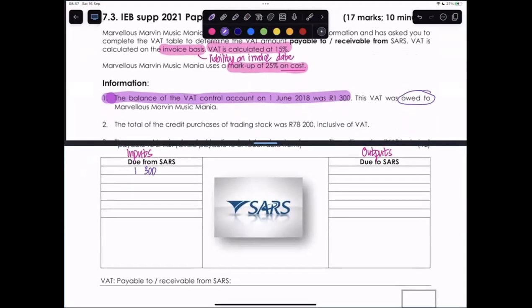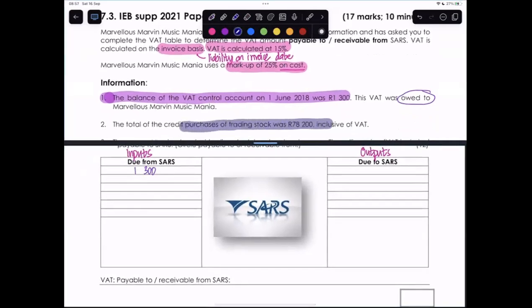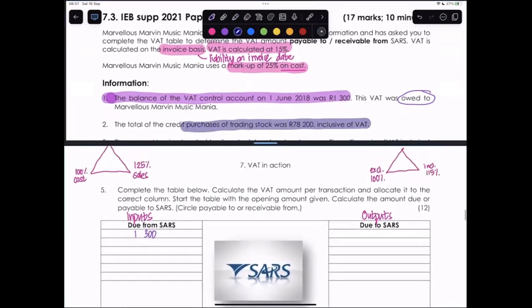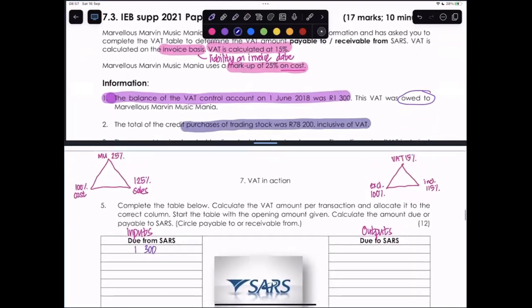Number 2, the total credit purchases of trading stock was 78,200 inclusive of VAT. If it was inclusive of VAT, that means we can now do a little calculation using our triangle, and you can see that it had VAT of 15%. We're given the 78,200 as inclusive, and we are wanting to look for the VAT.